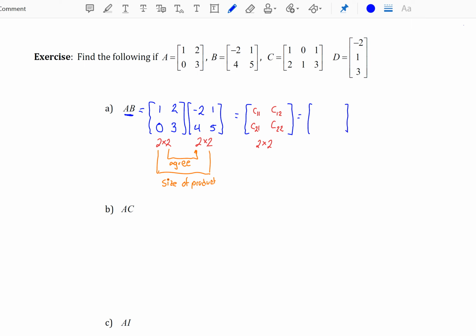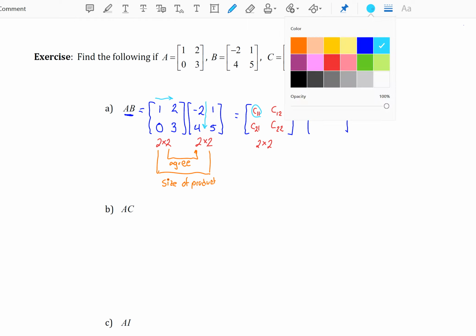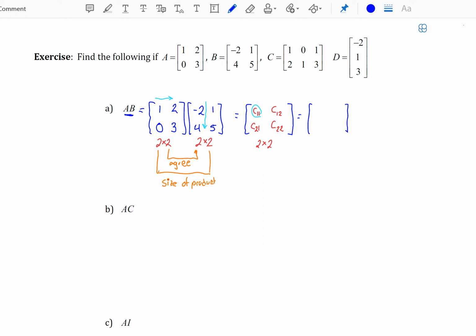So if you're looking for the value in the 1,1 position, take the first row of A and the first column of B. Generally I'll do this multiplication in my head. It'd be 1 times negative 2 is negative 2, plus 2 times 4, which is 8. For this example, since I'm discussing it with you, I'm going to write out my work as I go. But like I said, I typically do this in my head.